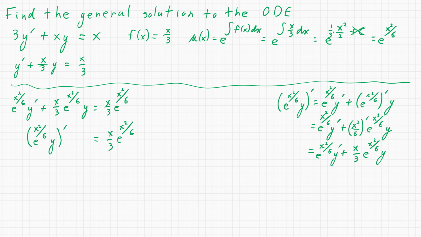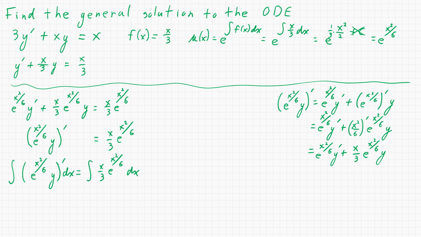Right, next step as always, we're going to integrate to get rid of the derivative. So we're going to have the indefinite integral of e to the x squared over 6 y, whole thing prime, equals the indefinite integral of x over 3 e to the x squared over 6 dx. Sorry, I forgot the dx over here.